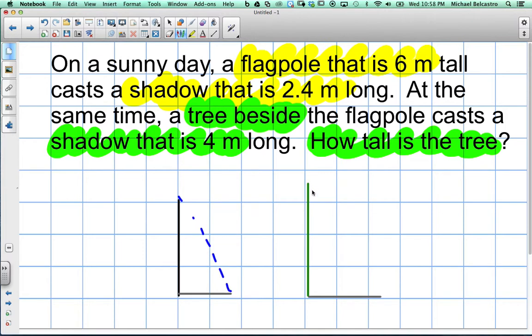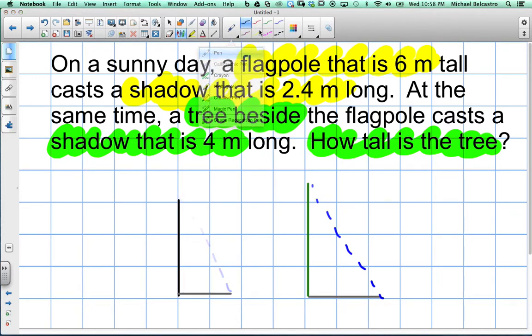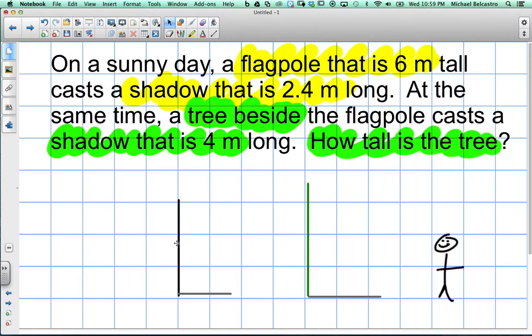Because they're similar triangles, I'm going to show another way we can look at this diagram. I want you to think like both shadows end at the same spot, and that same spot happens to be where you are. So there you are. Both the shadows end there, so the flagpole is closest to us, and the tree is a little farther away.